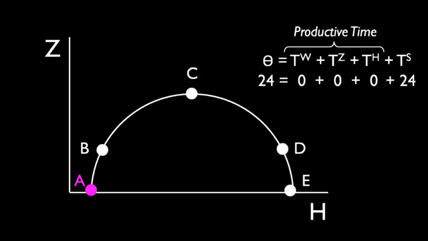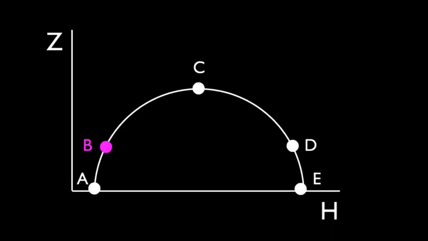So the working time, the playing time, and the time spent doing health improving activities, these are what comprise productive time. So at point A, a person has 0 productive time because all of his hours have gone into the category of TS, and TS is the one activity that is not included in productive time. And since there's no productive time, of course the person won't have any Z because they don't have any capacity to produce Z.